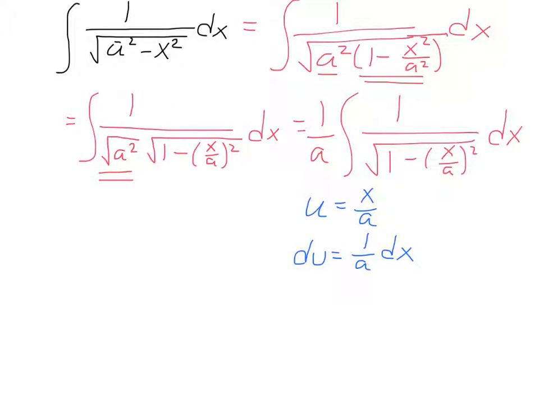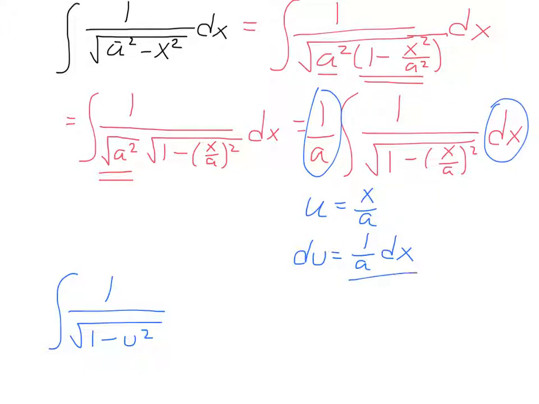And what's nice is when I do my substitution now, I get my 1 over the square root of 1 minus u squared. And then what's left over? Well, notice I still have a 1 over a and a dx left, which is exactly what du is.